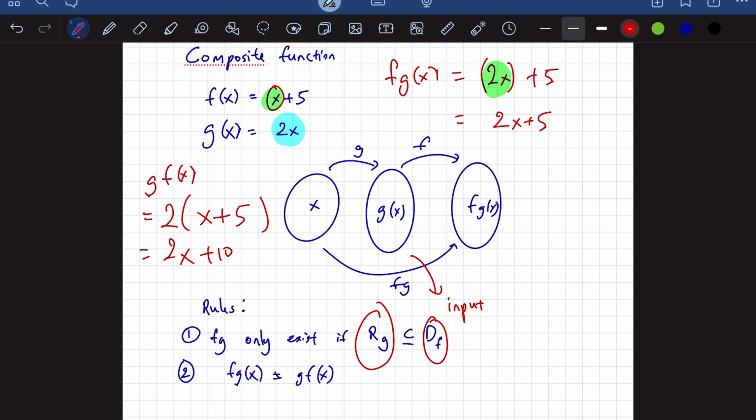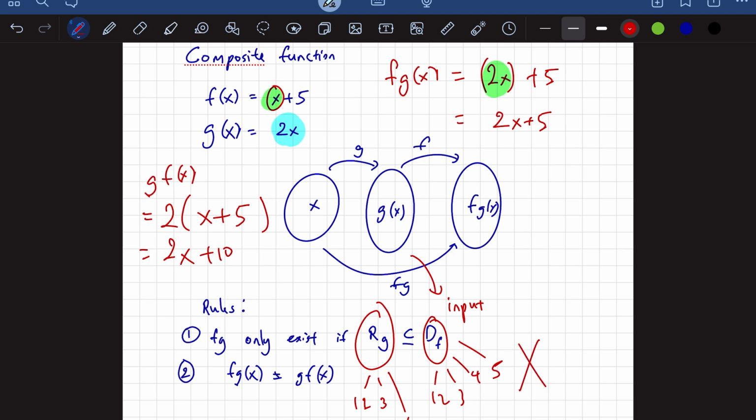Meaning to say, let's say my range has 1, 2, 3, and my domain is 1, 2, 3, 4, 5, then yes, fg will exist because 1, 2, 3 is a subset of 1, 2, 3, 4, 5. Now, what if my range has, let's say, 6, and my domain doesn't have 6?